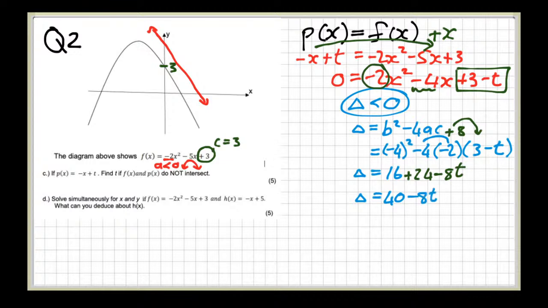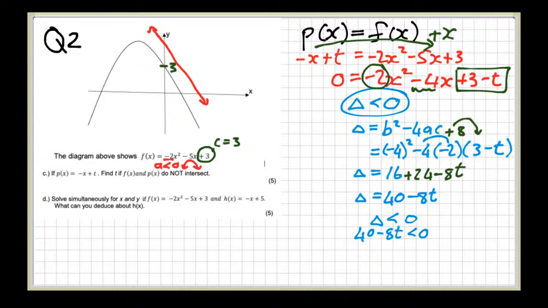Now I've got an expression for delta. I want to know, where do they not intersect? In other words, where there are no solutions or non-real solutions. And that happens only when delta is smaller than 0. So I'm going to say 40 minus 8t is smaller than 0.